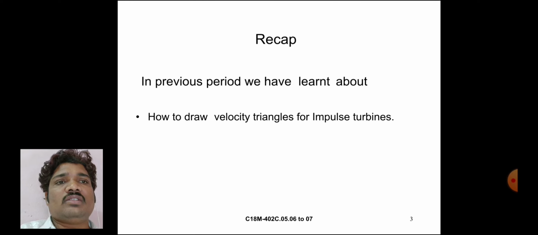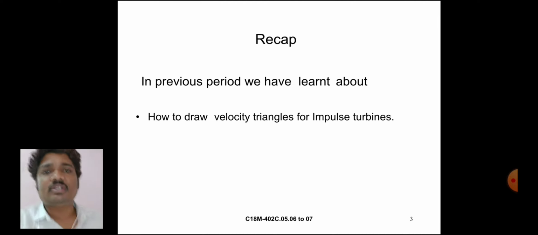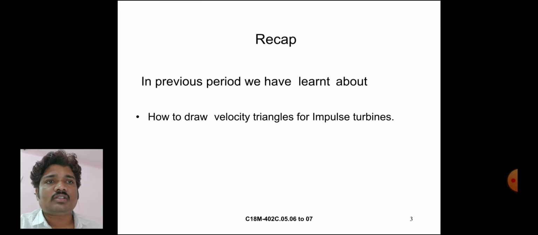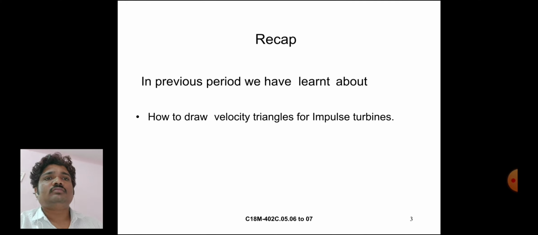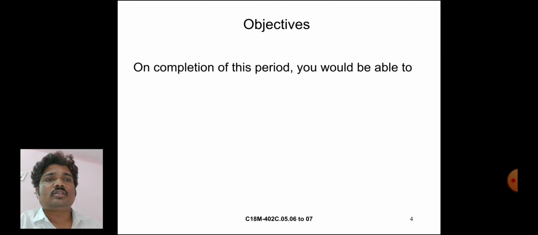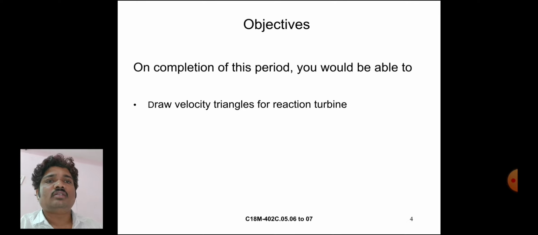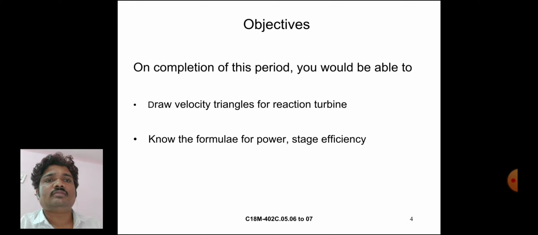In today's class, on completion of this period, you would be able to draw velocity triangles for reaction turbine.